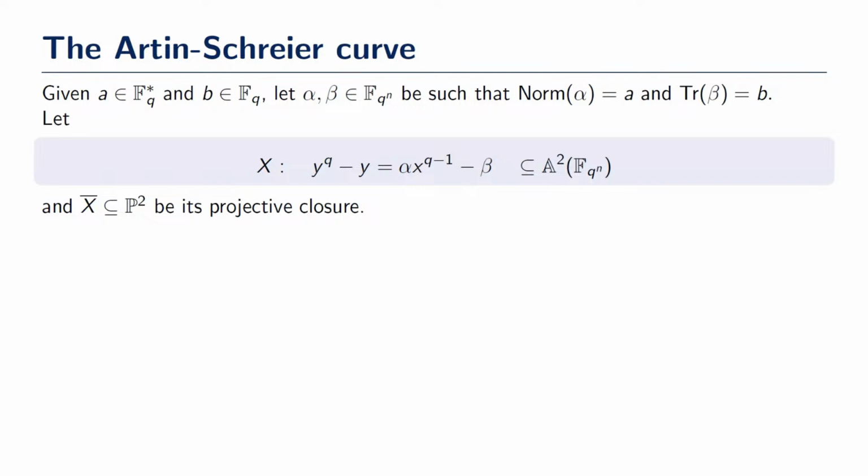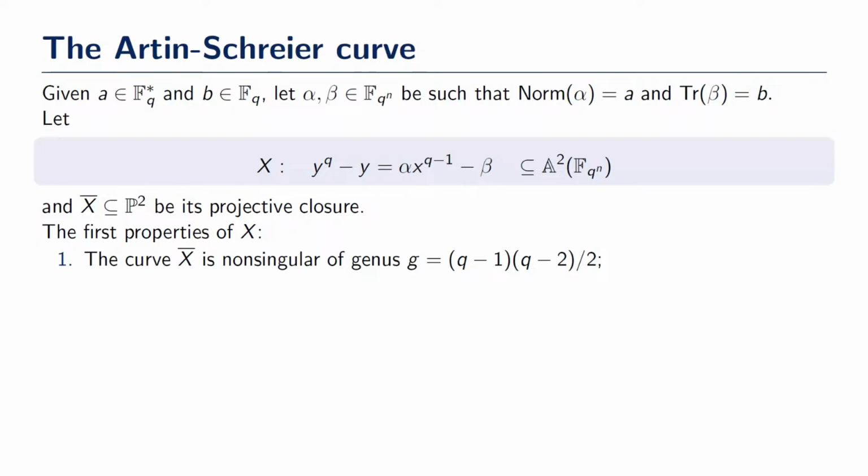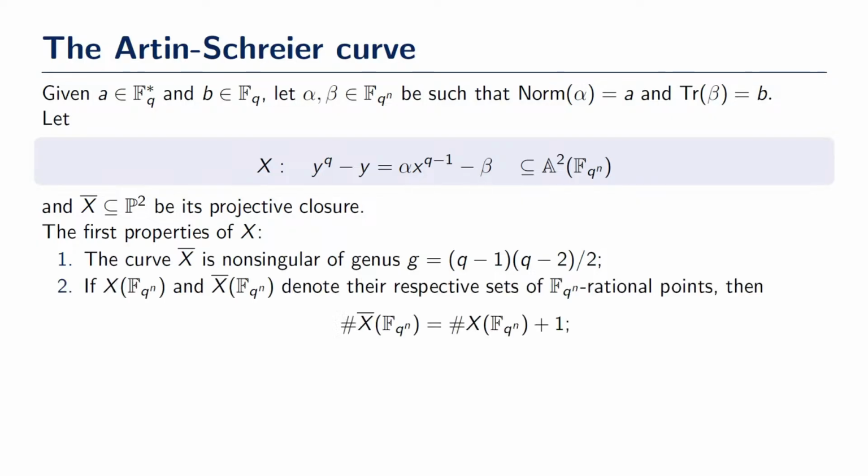But before, let me give you some very easy properties of this curve. It's a non-singular curve, and since it's a plane non-singular curve, the genus is very easy to compute, right? It has just one point at infinity. In other words, the number of rational points on X bar is the number of rational points on X plus 1.